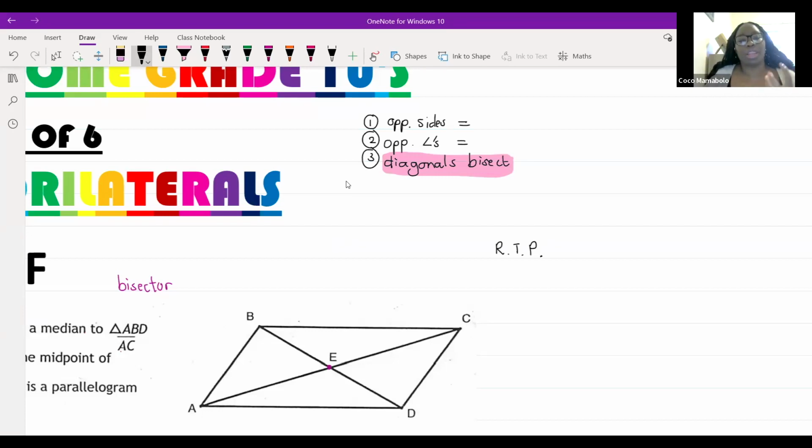Now, if we think about the information they've given us, what we're going to have to prove here is that AE is equal to EC. And what else would I have to prove in order for this to work? AE is equal to EC, so that one is equal to that one. And which other two also need to be equal?